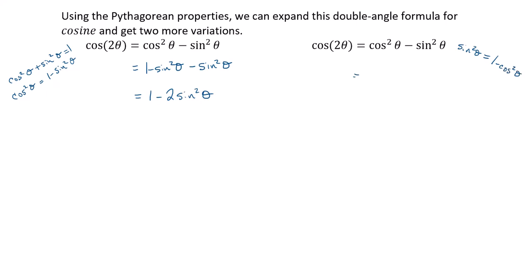So we rewrite this as cosine squared theta minus sine squared theta is 1 minus cosine squared theta, making sure to put the parentheses so you're subtracting both of those terms. We then get cosine squared theta minus 1 plus cosine squared theta. So this gives us 2 cosine squared theta minus 1.